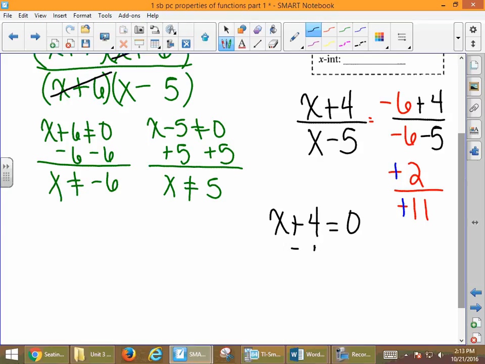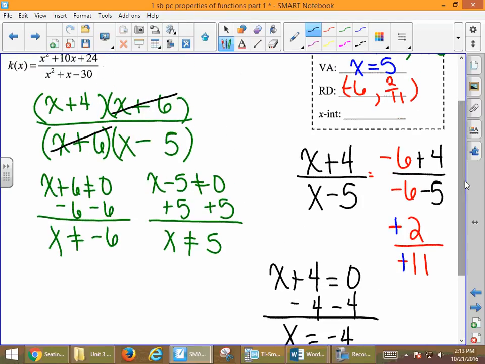We subtract 4 from both sides, and we get x equals negative 4. So this is going to be negative 4, 0. Again, if it's helpful, type that function into your calculator. But make sure that you factor so you can identify the domain, because you've got 2 values excluded from the domain, and you only have 1 gap in your picture.